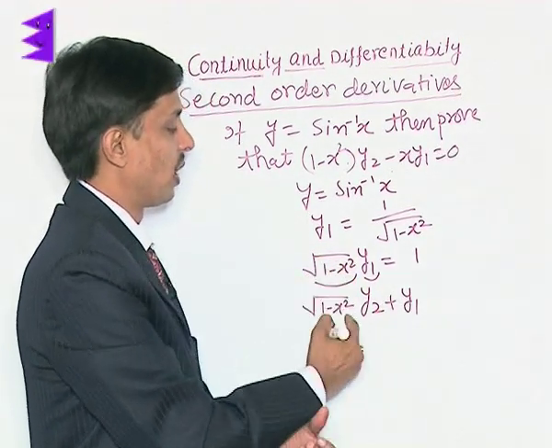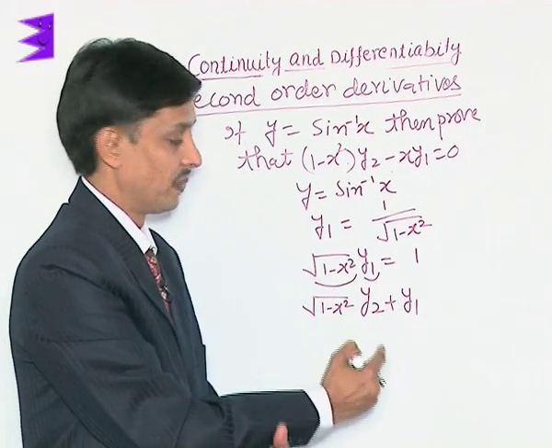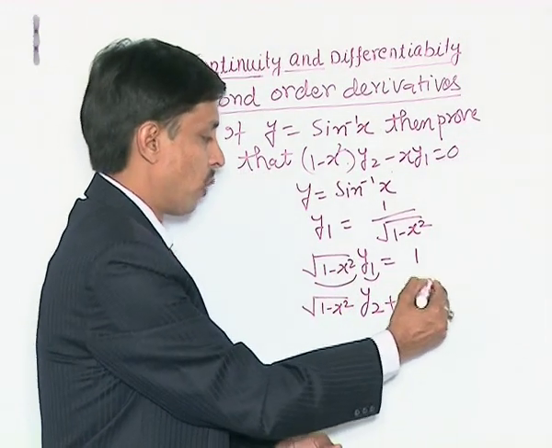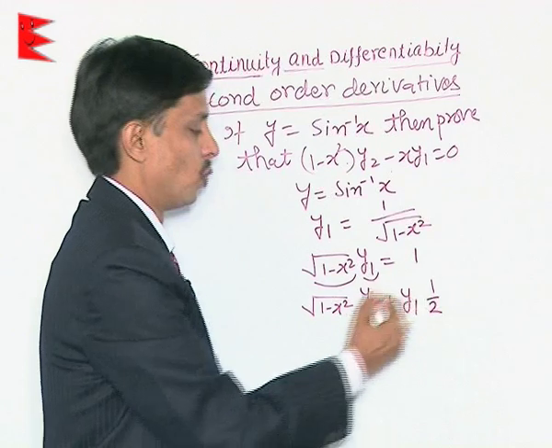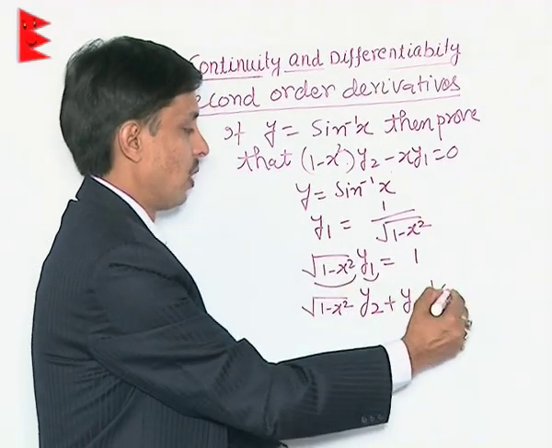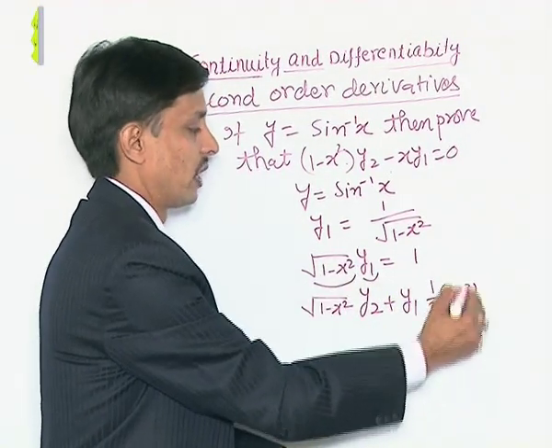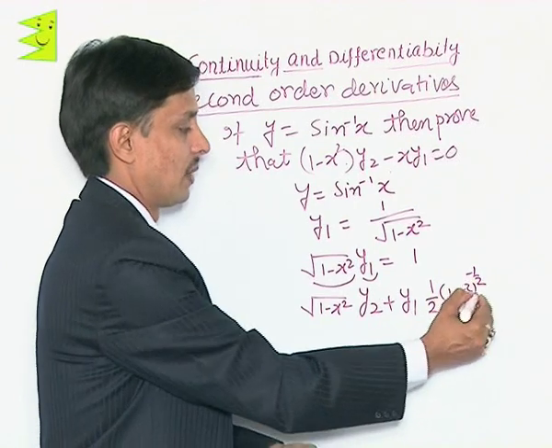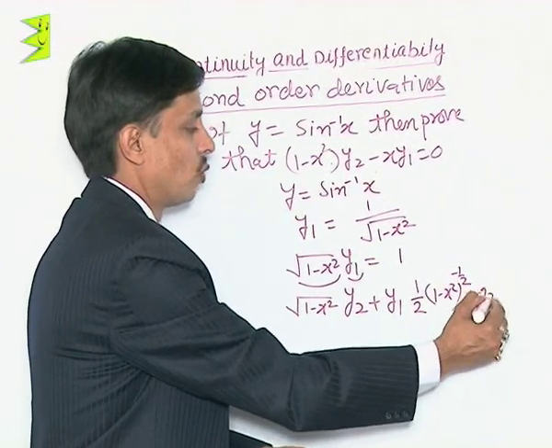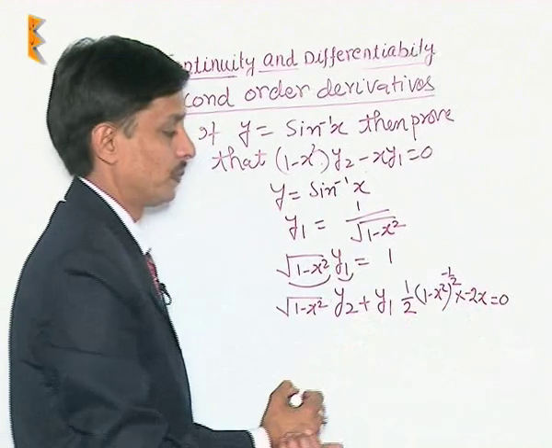Derivative of root of 1 minus x square will be, first it will be 1 upon 2 because power is half, 1 minus x square to the power minus half, into minus 2x is equal to 0.